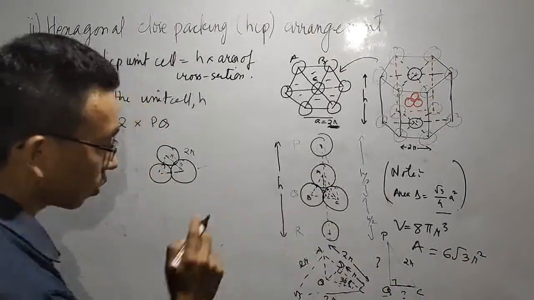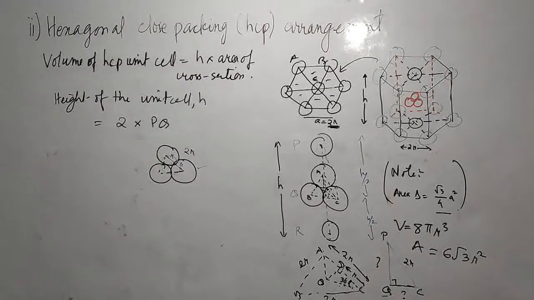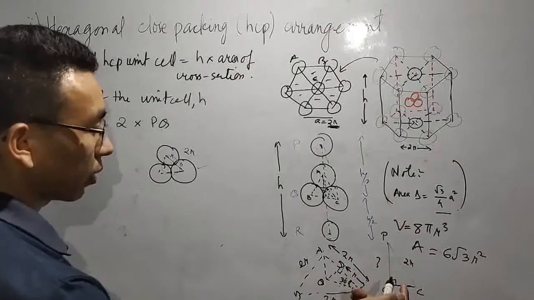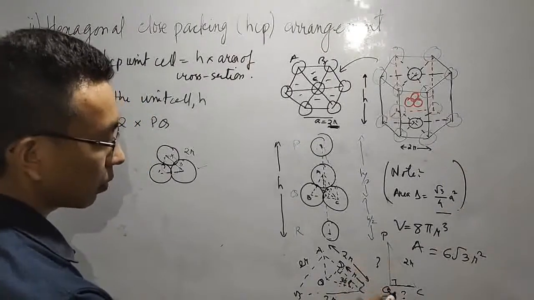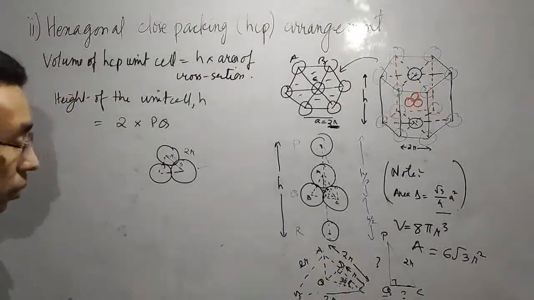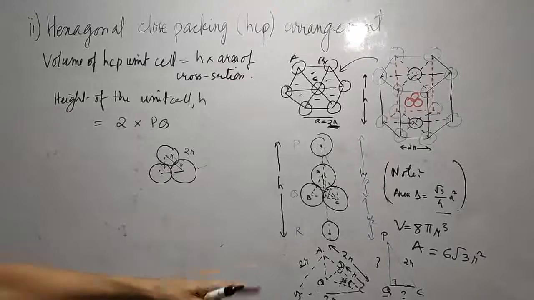QC is not going to be 2r; that value only we have to find out. If we find QC, then we will know the value of PQ by Pythagoras theorem, because it is a right angle triangle.